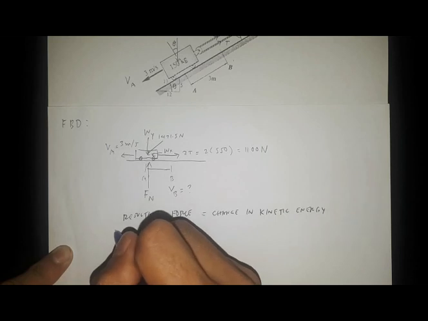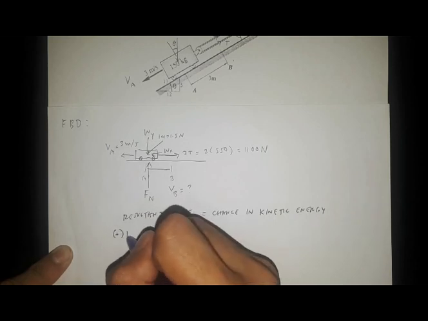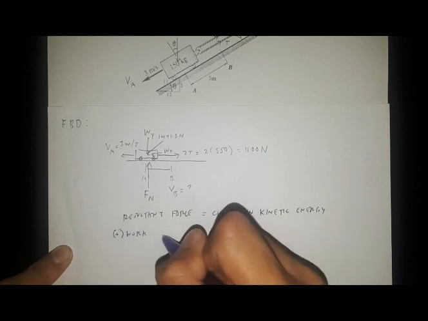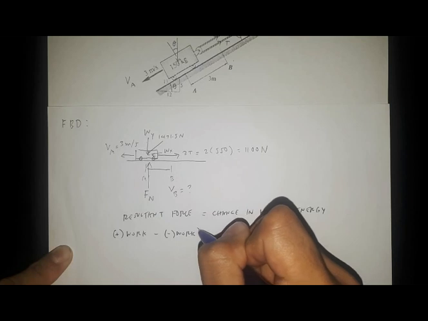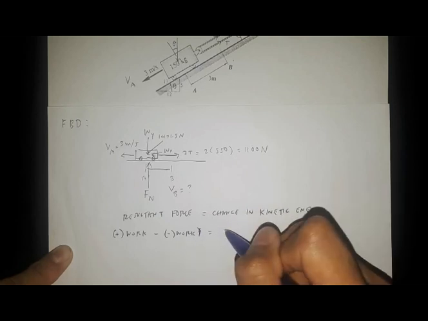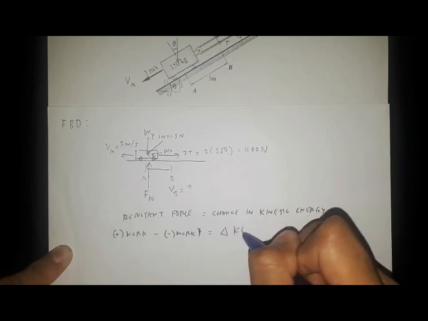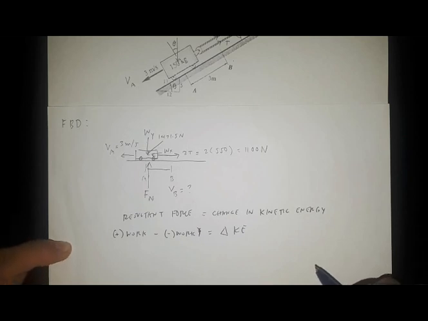So positive work minus negative work equals delta KE. So let us identify the positive work and the negative work.